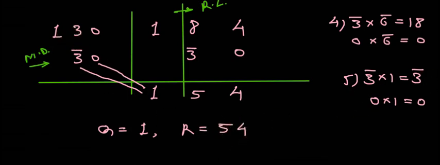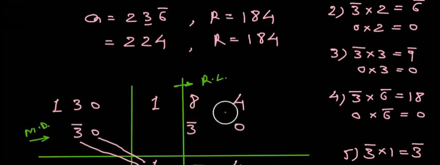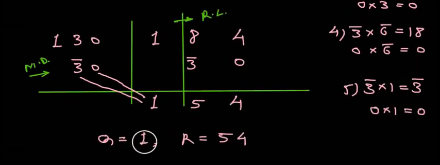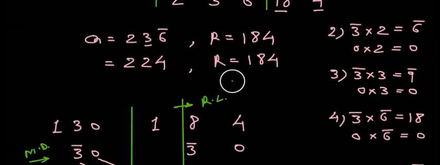But friends, as this division is an extended part of the previous division, we have to add the quotient 1, which we have got in this division, to the previous quotient 224 to get the final quotient.